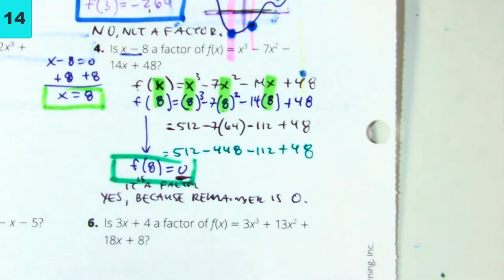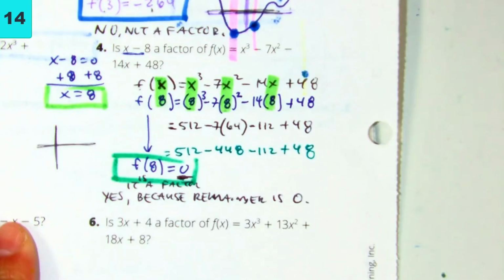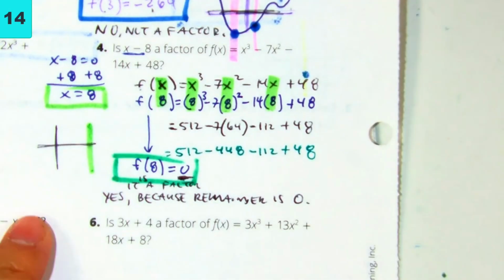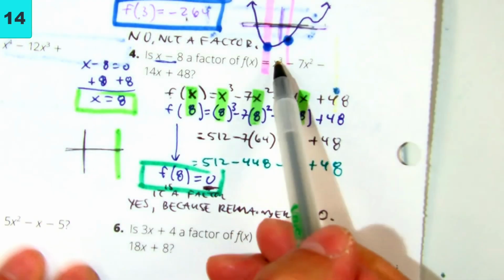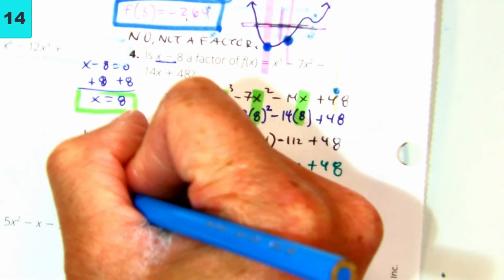And if you do a quick sketch, x is equal to 8 is over here. If I draw a sketch, odd degree polynomial starts down, ends up.